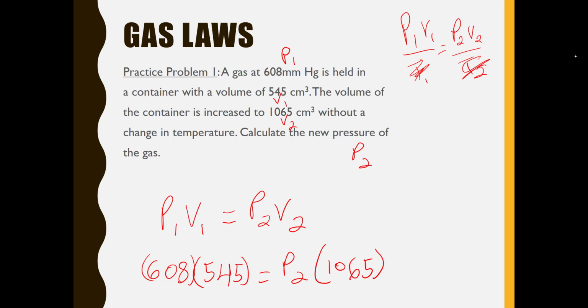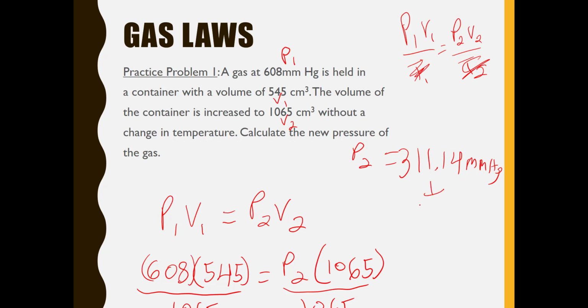As you calculate this, we need to divide the right side by 1065, divide the left side by 1065, and you should end up with a P2 value of 311.14 millimeters Hg. Looking at sig figs, we have 3 sig figs as our least amount. So we round this to 311 millimeters of mercury.